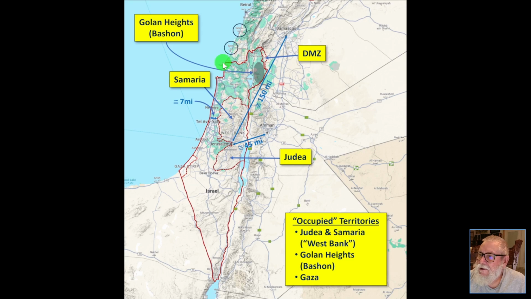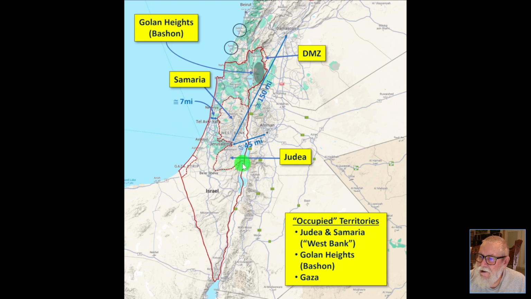And then Lebanon, this is the current nation of Lebanon here, Lebanon was allocated to France as a mandate of France, and they were to manage and control those areas. Well, then in 1947, the United Nations passed a resolution that partitioned Palestine into a Jewish-controlled area and an Arab-controlled area.